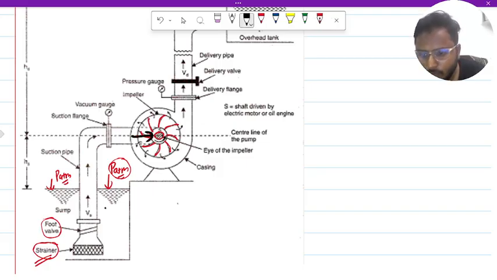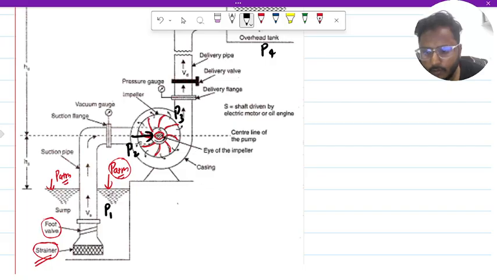So let us say here it is P1, here P2, here P3, and at the overhead tank it is P4. The overhead tank is exposed to the atmosphere, and the ground level water is also under atmospheric pressure, as we have dug a hole into the ground.